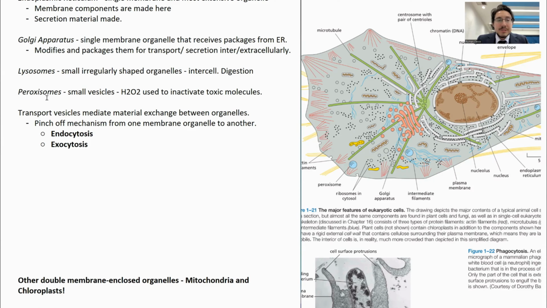Okay, you have peroxisomes. These are a specialized type of vesicle, right? Little kind of membrane encapsulated little ship, if I can call it, right? Which essentially contain H2O2 that help inactivate toxic materials or toxic molecules, right? Like reactive oxygen species, right?